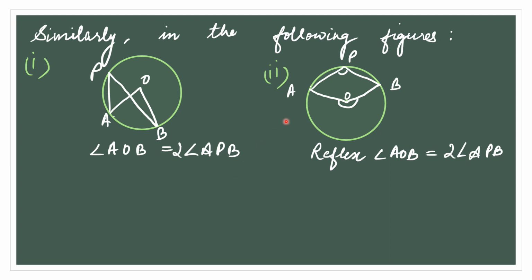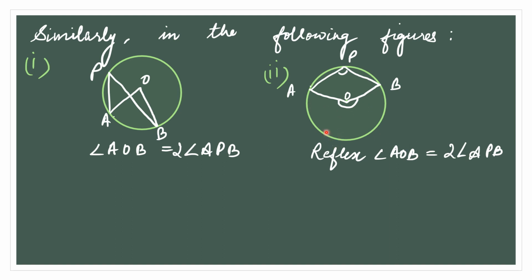answers. Now coming to question number 2, suppose this is the circle. This angle APB is the angle subtended by the bigger circumference, not by the smaller circumference.